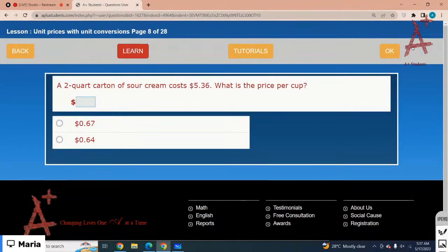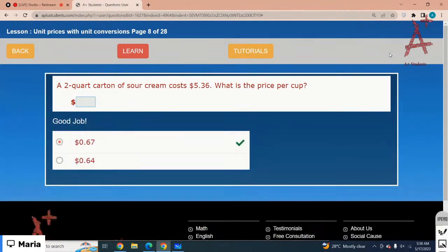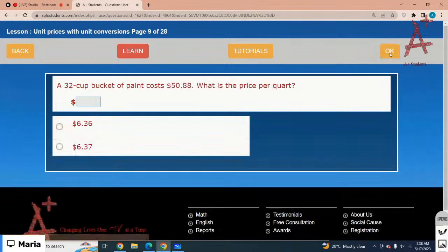So you have to divide 5.36 by 8. It would be 0.67. Okay, you can complete the test by yourself later today.